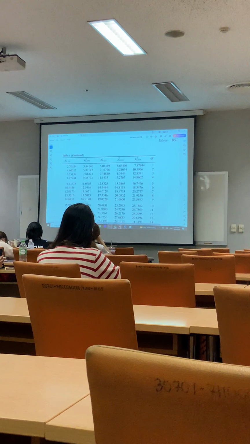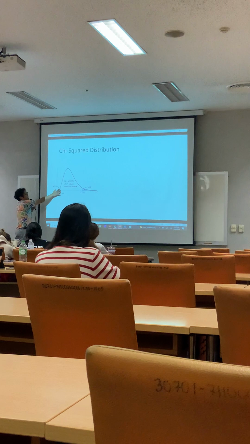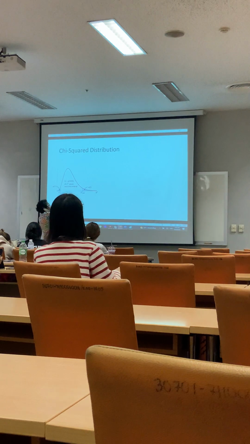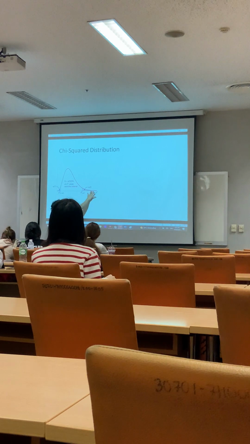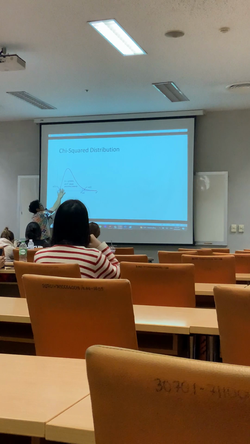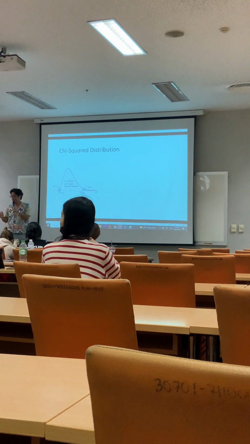That's because sometimes we want to find a chi-square value corresponding to the upper tail of the distribution and the lower tail of the distribution as well. So that's why we have those two tables.